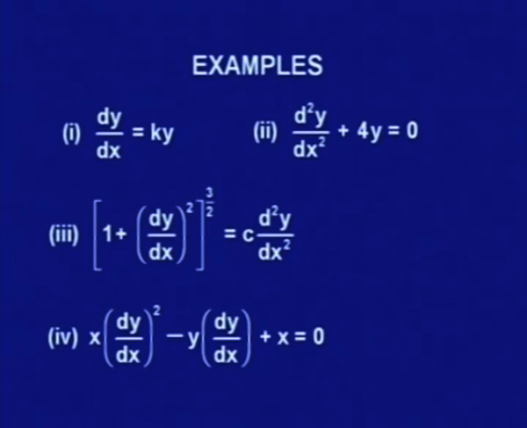Here we do have the unknown function y and its derivatives, and the function y was of only one variable and we had the ordinary derivative with respect to that variable only.